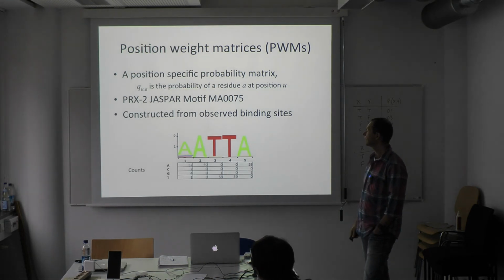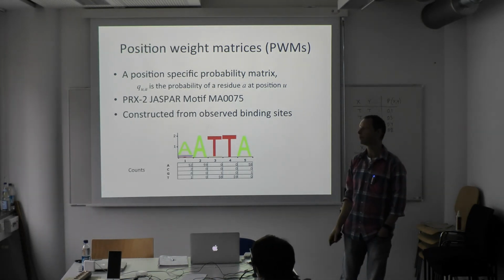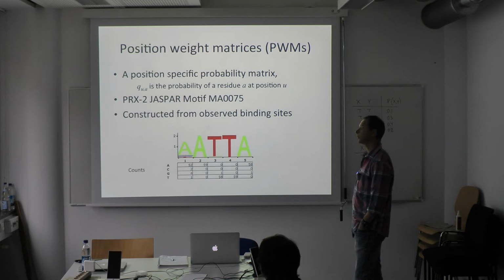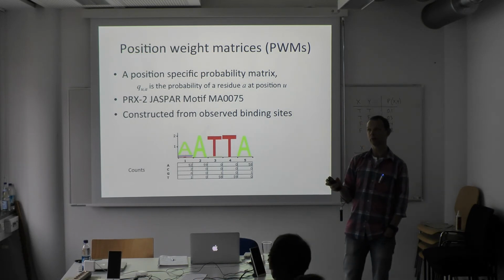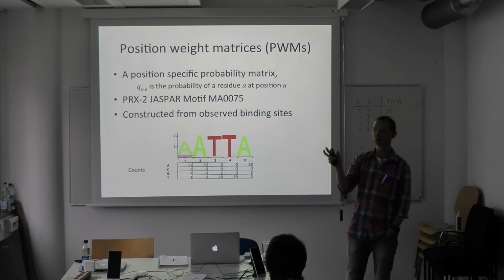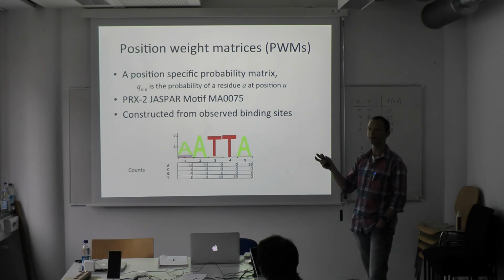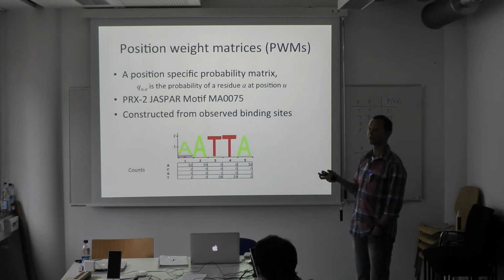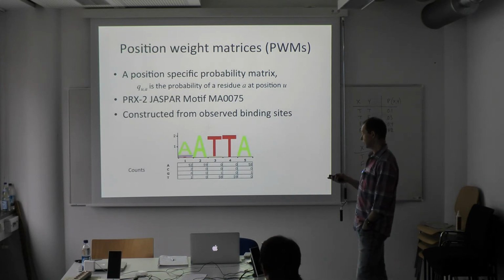First, let's see if we can develop a better scheme for scoring sequences. So once we have our motif, or maybe we should rethink a little bit how we construct our motif so that we would get more robust predictions of what actually is a match to our original motif.